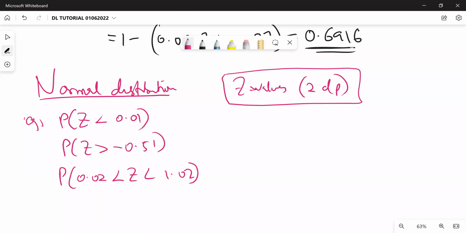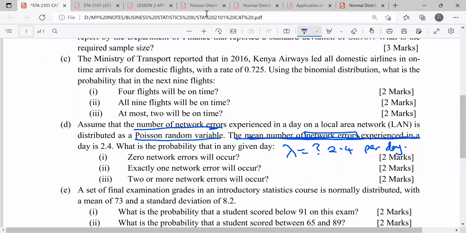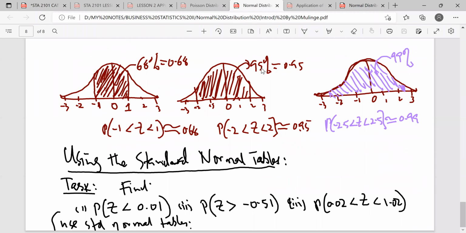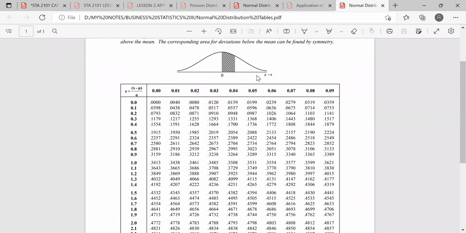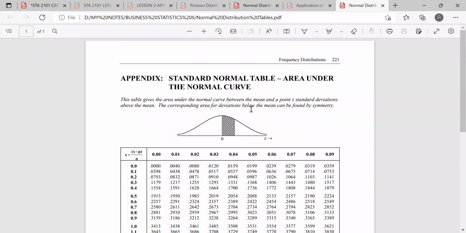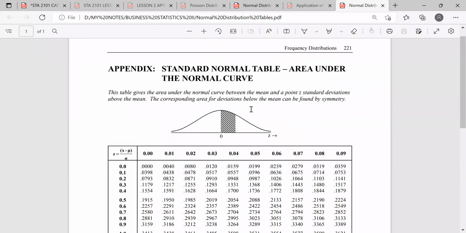Okay. So I'll be sharing what we call the standard normal table. The standard normal table, it's here. I've extracted this from a certain book.